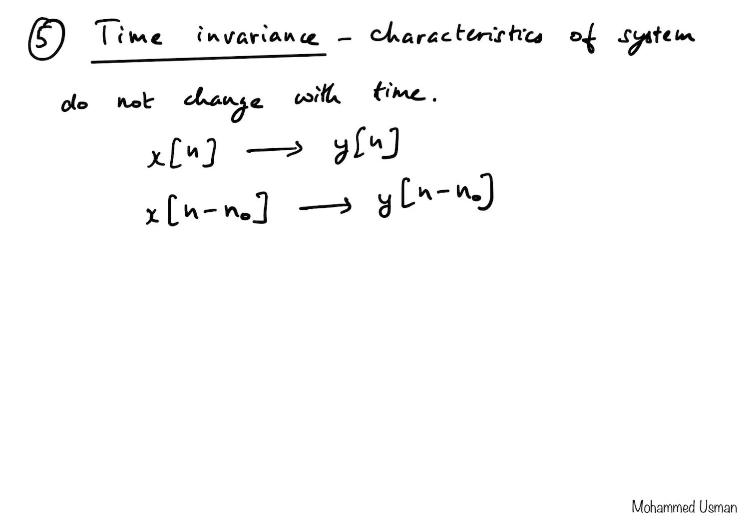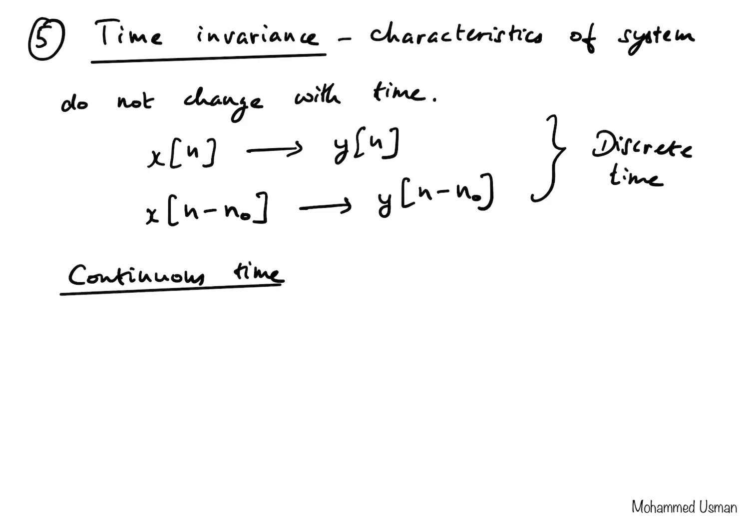And similarly, if we had to write this relationship for continuous time, this is what I have written for discrete time. For continuous time, the input-output relationship would be, for example, if we give an input x of t, it produces an output y of t.